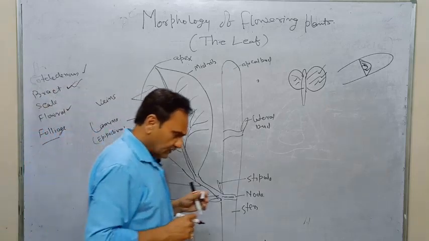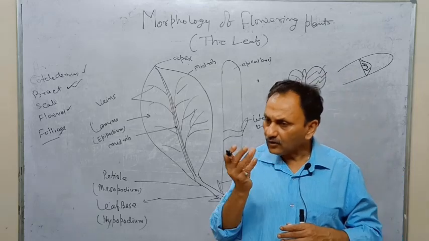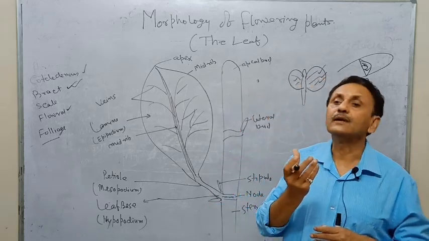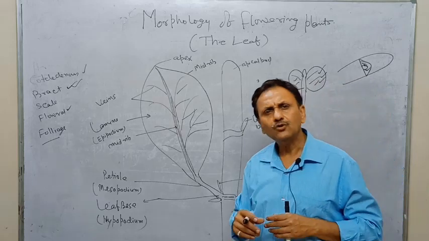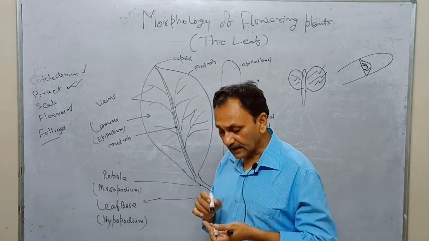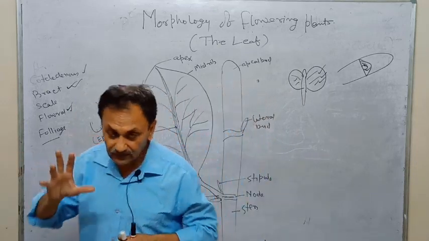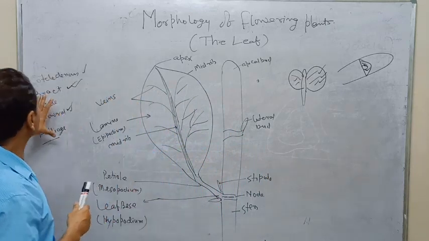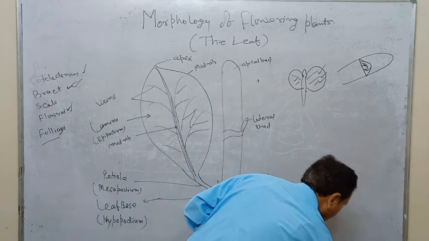As you know, the flower is a modified part of the stem, and all the whorls of the flower are modified leaves. Mainly calyx and corolla are called floral leaves, and today we will discuss the foliage leaf, the leaf which is meant for the preparation of food.